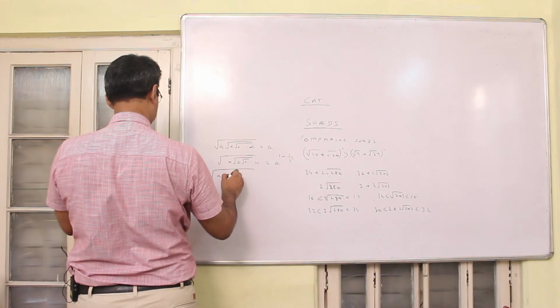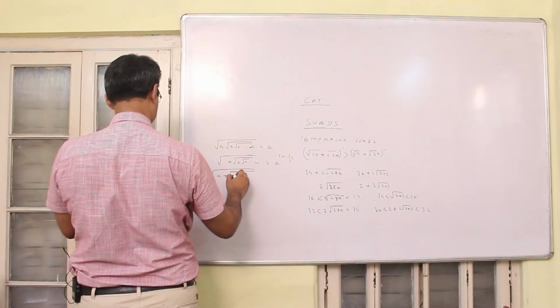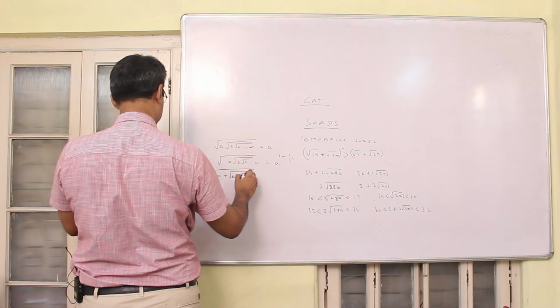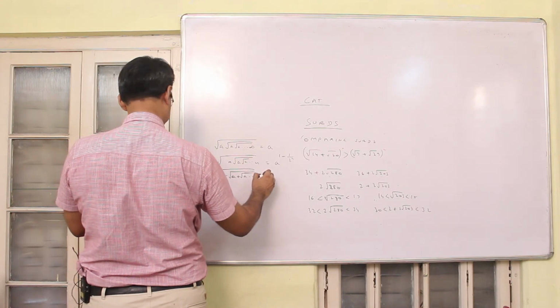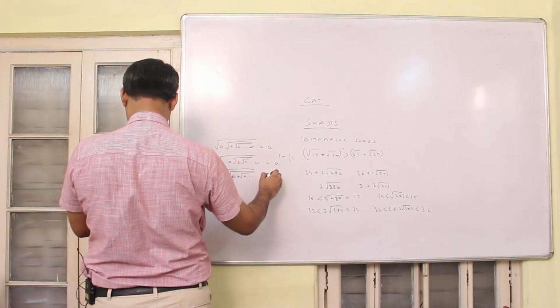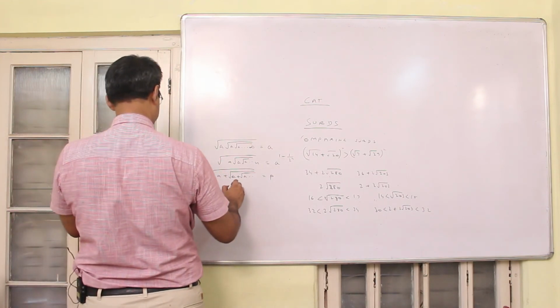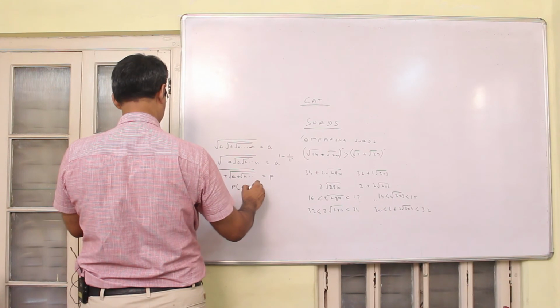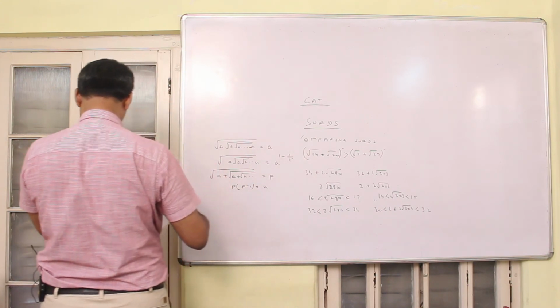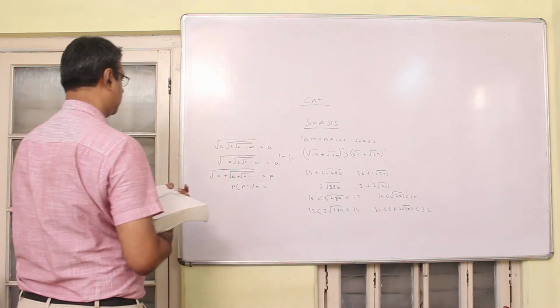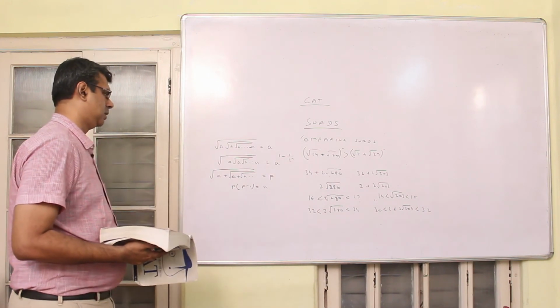And suppose you have an infinite surd like this, and suppose the answer of this is P, then P into P minus 1 will be A. So this can be easily proved using simple indices.